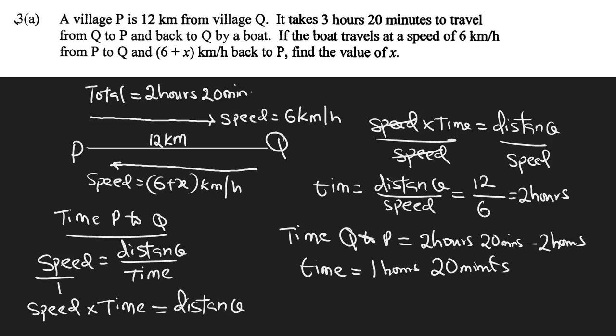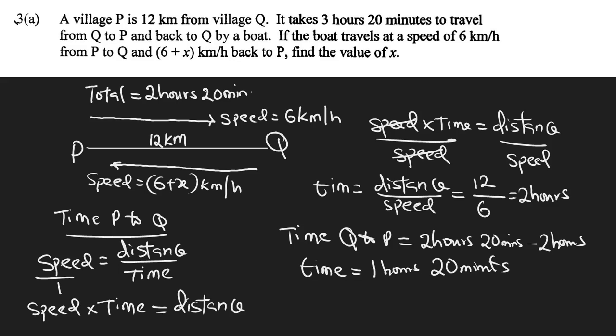Can you see? So we've gotten the time to travel from Q back to P. So that means we can now use this to find our X. So how are we going to do this?